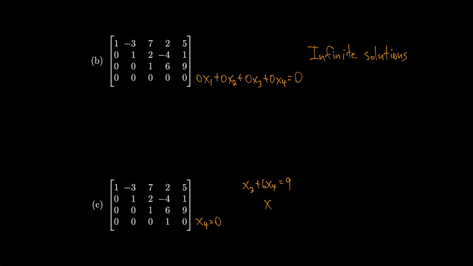So that means x3 is 9. Okay, cool. Let's look at this equation now. We have x2 plus 2x3 minus 4x4 equals 1. But I know x3 is 9 and I know x4 is 0, so that means x2 must be negative 17.